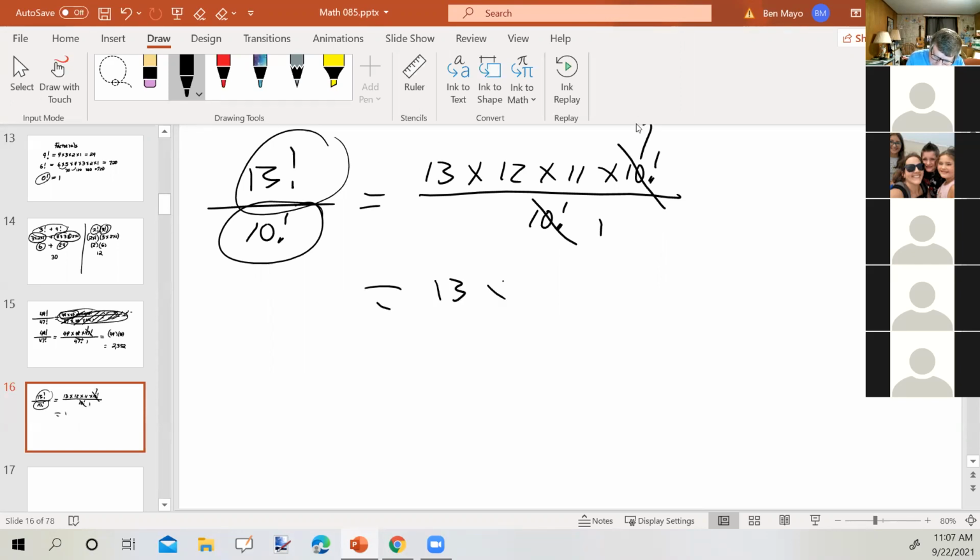So all I've got left is 13 times 12 times 11. And let's see what that is. 13 times 12 times 11 is 1,716. Okay with that? So when you do the 13 and 12, you don't put the factorial, only when it's 11?